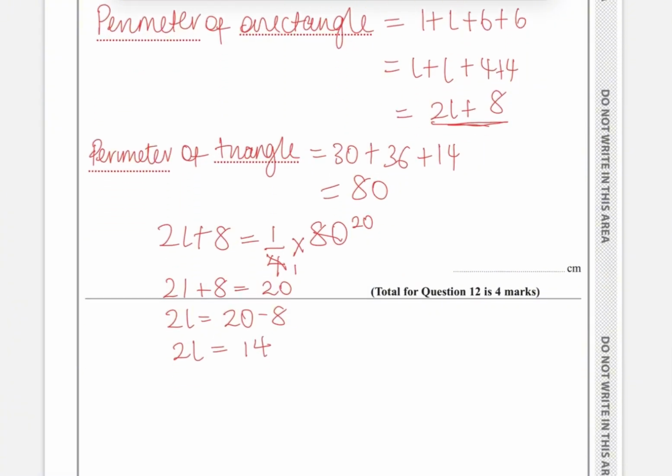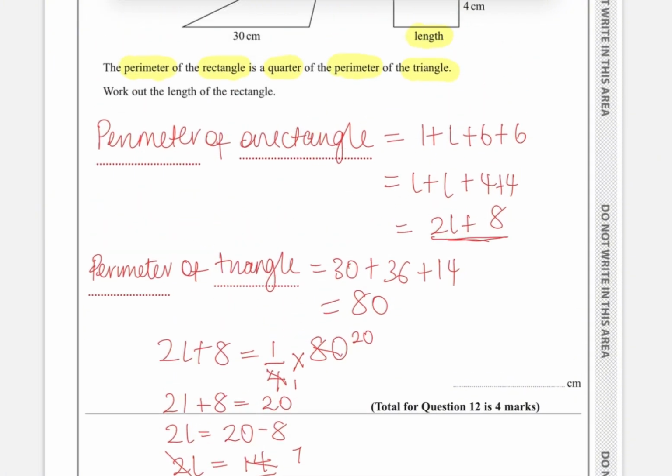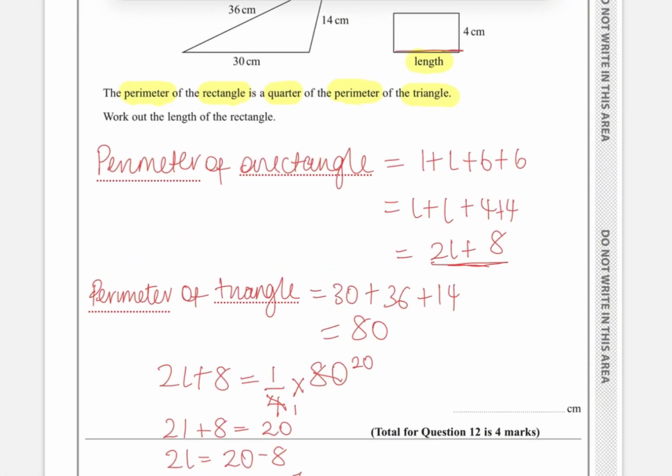If you divide both sides by 2 to find L, you find out that L is 6. So the length of this rectangle here is 6 centimeters. And that's how you solve question 12 on the GCSE Maths Foundation Paper 1 paper.